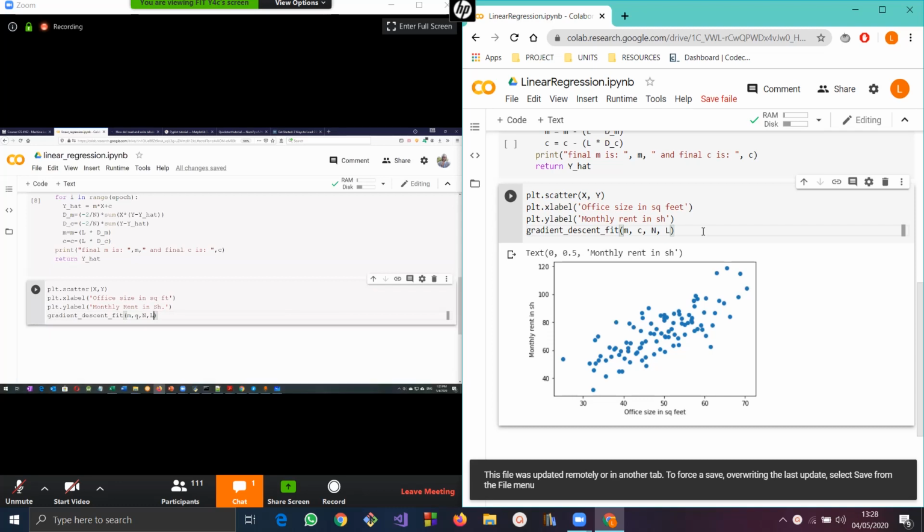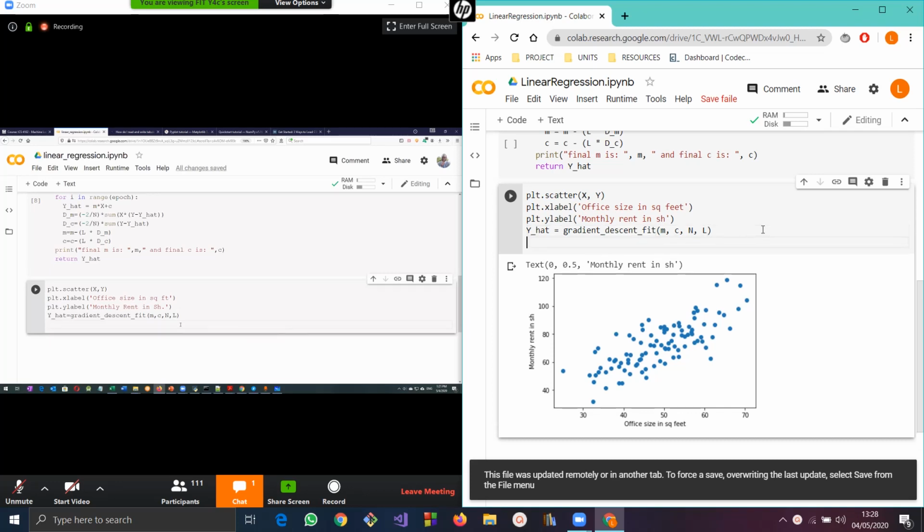Now this function, we have set it in such a way that it returns something. So I'll just say y hat is equal to that. Okay. Then that will learn and then return whatever best y hat we have. So we can just now say plt.plot.